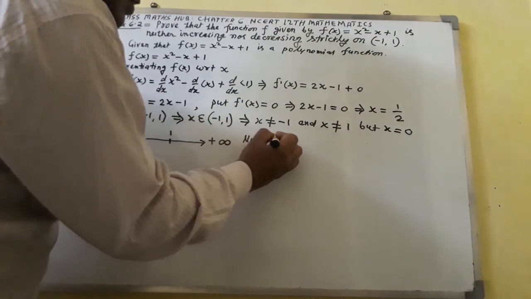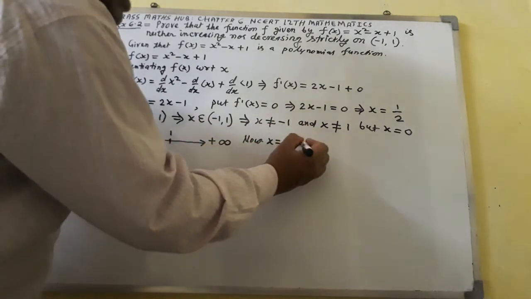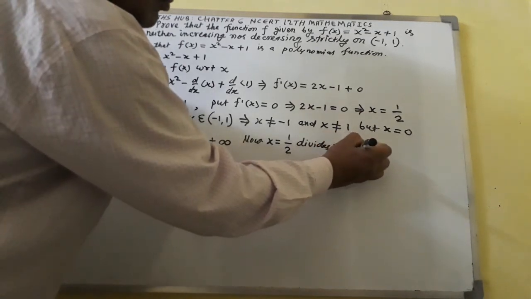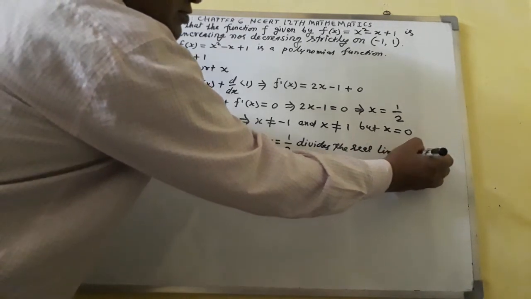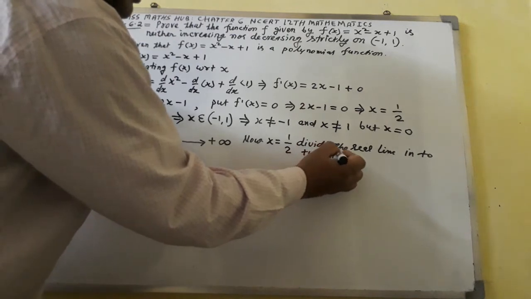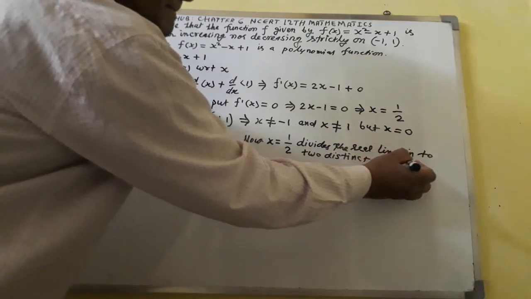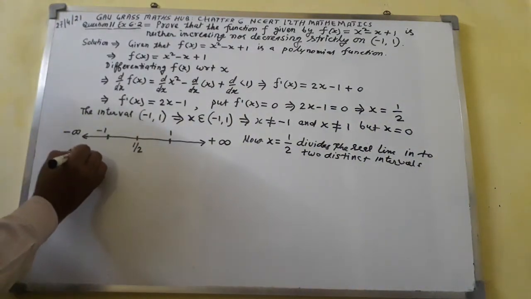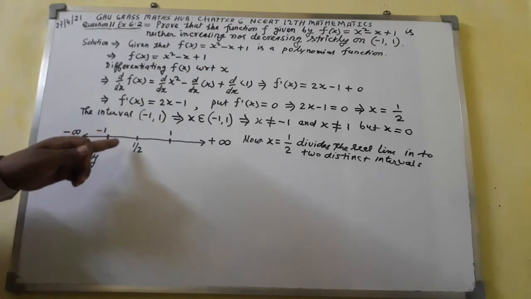Now x = 1/2 divides the real line into two distinct intervals, namely: first interval, the open interval (−1, 1/2).